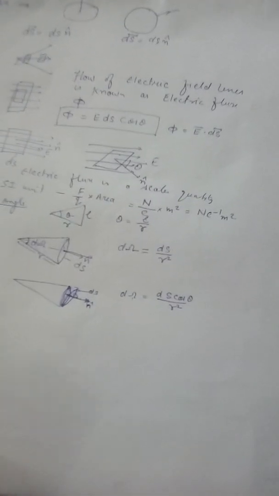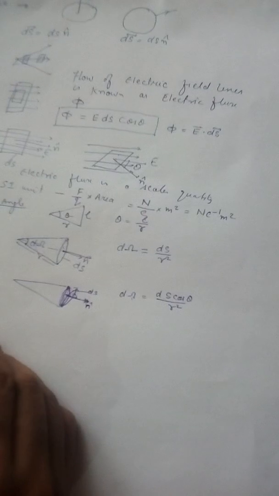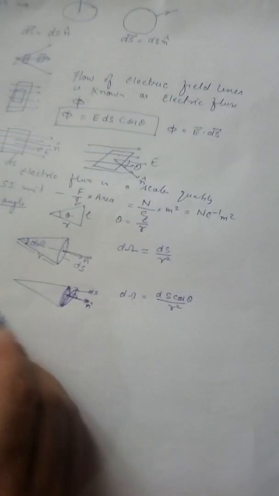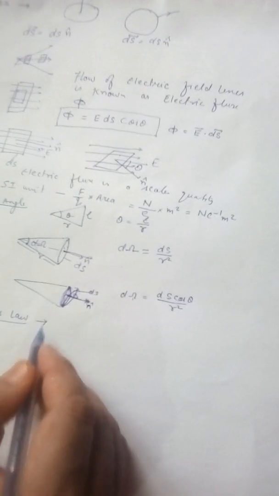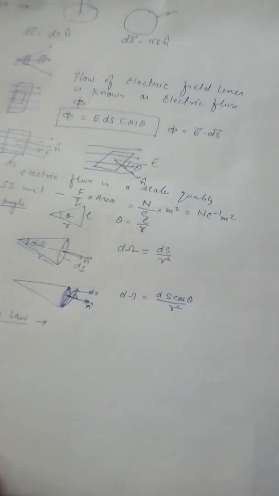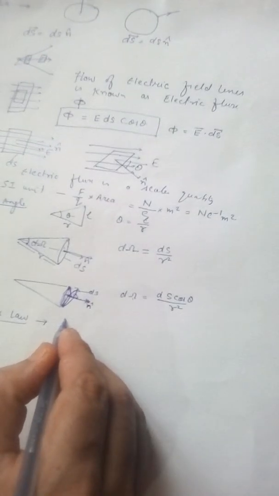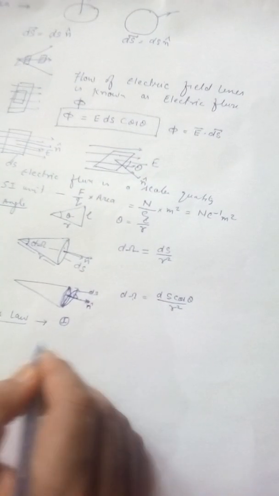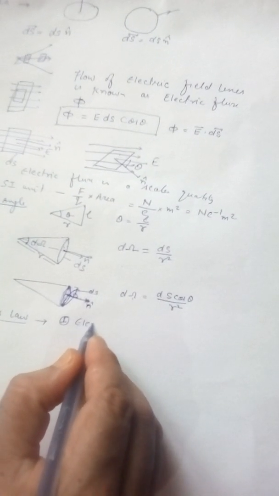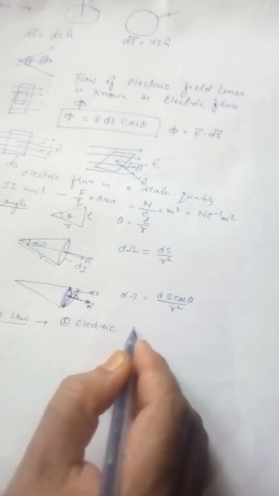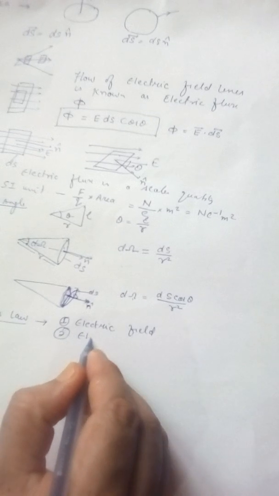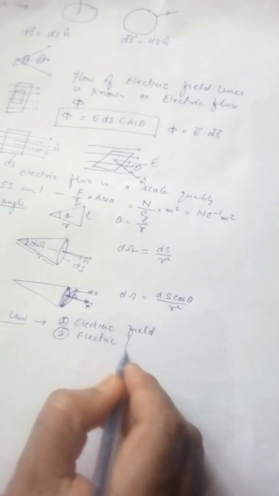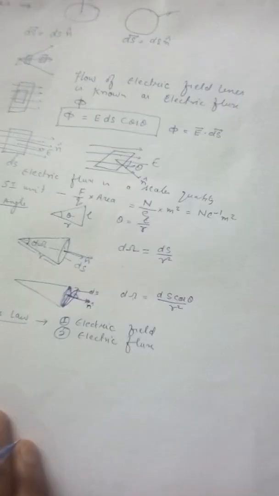So we will start first the statement of Gauss law. First, why we are using Gauss law and what is the purpose of using Gauss law? Gauss law is used to find first the electric field due to distribution of charge, and second the electric flux due to the charge enclosed by the surface area.